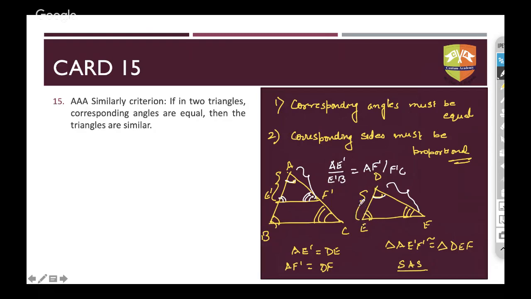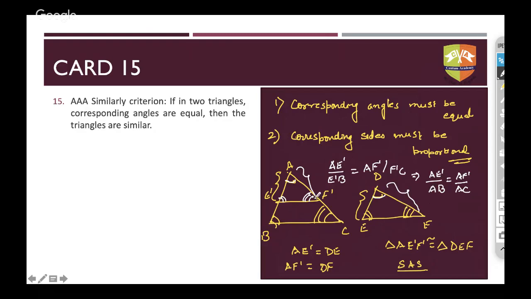The corollary to it will be AE dash by AB is equal to AF dash by AC. Now you can replace AE dash by DE, and AF dash by DF. So hence, we now say that even the two sides are proportional.